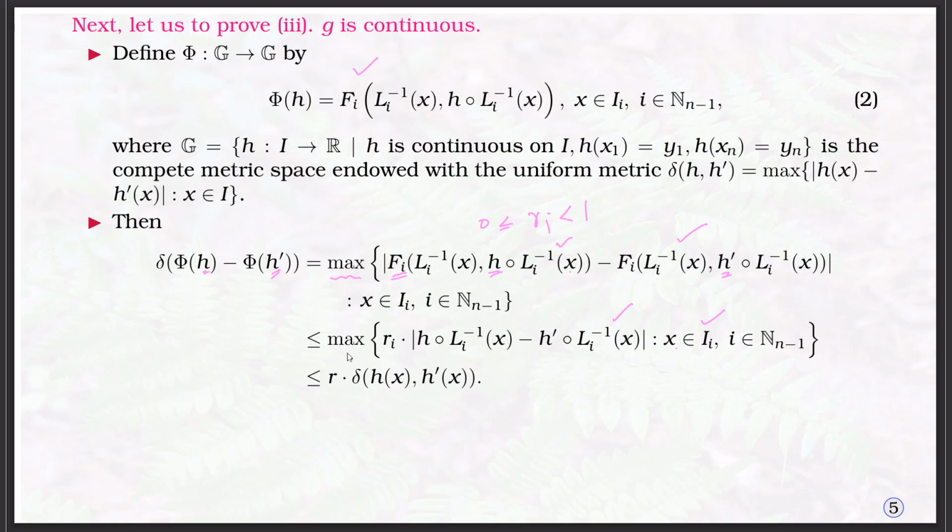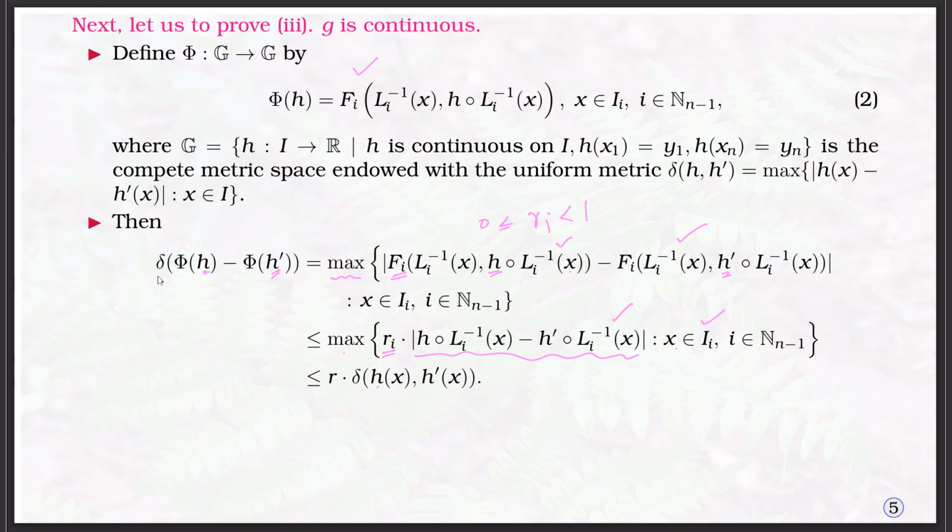Now, the maximum among these r_i does not depend on x, so we can take it out. Then what is this one? This is nothing but the distance between h of x and h dash of x.